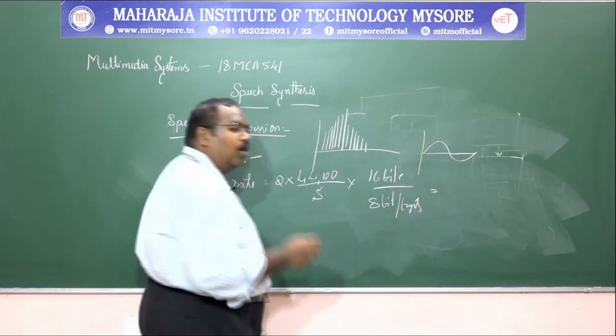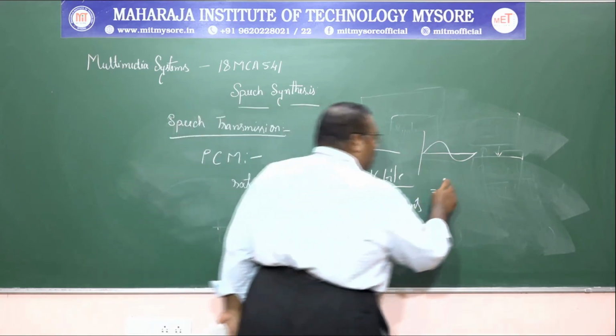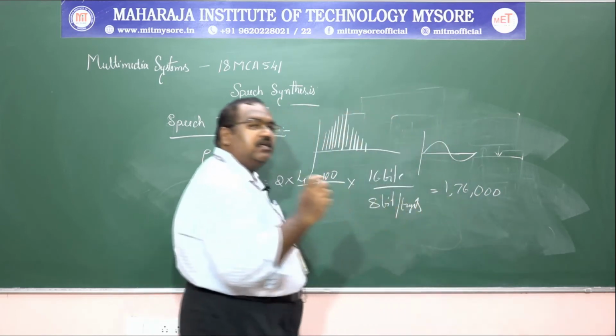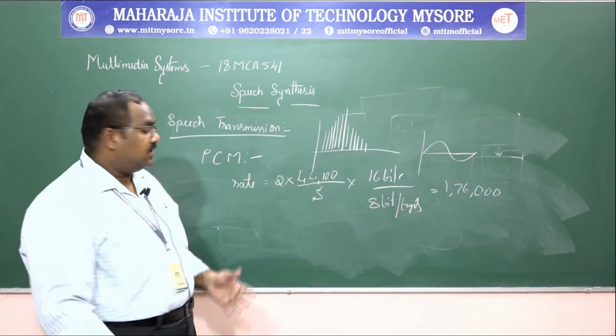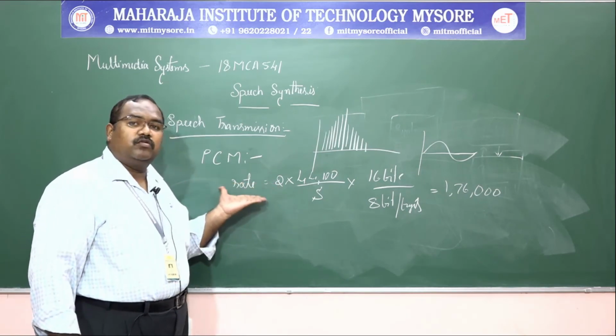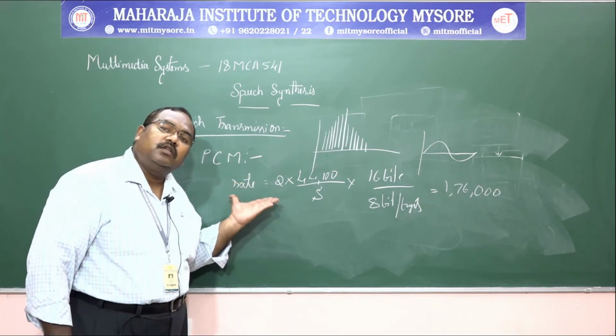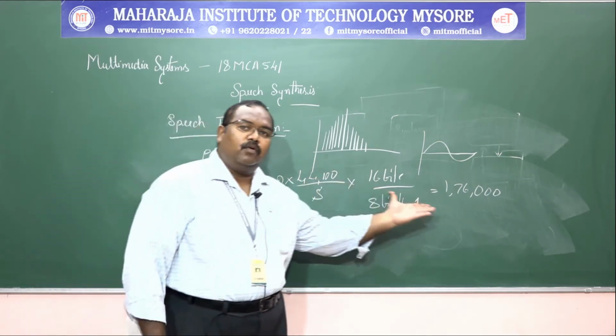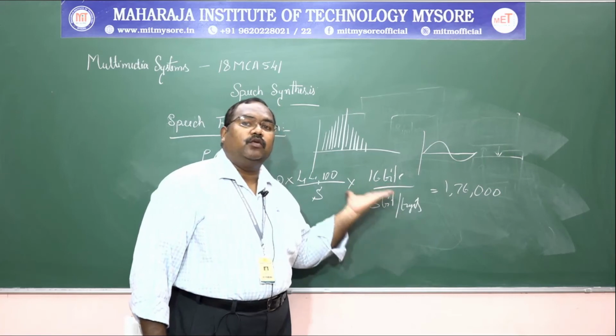That is equal to almost 176,000 bits per second. This is the rate that is achieved with pulse code modulation with respect to CD quality speech or audio. Now imagine the amount of sampling rate that has been used.